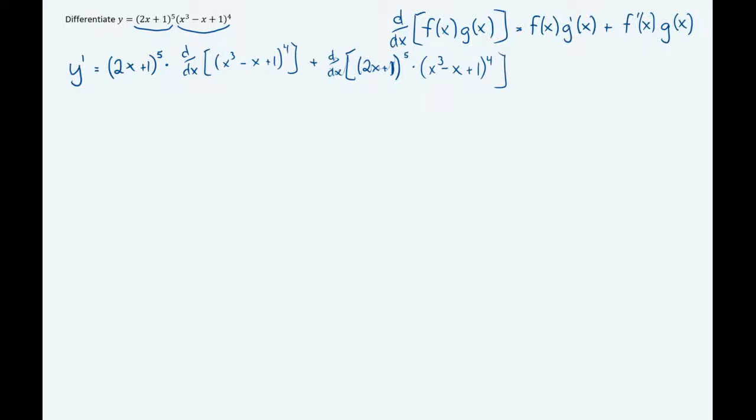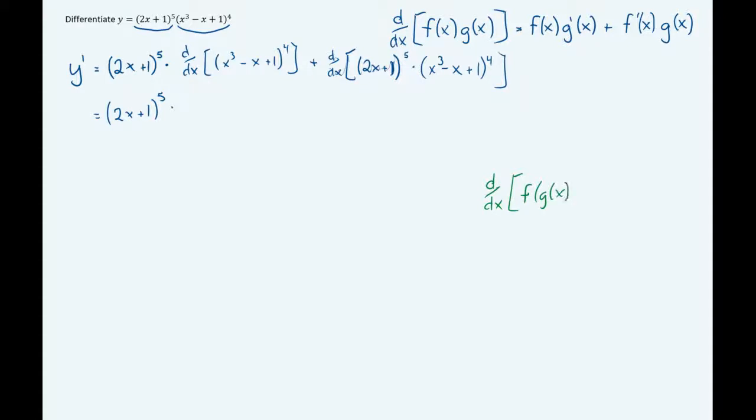Okay, now we have to go through simplifying this. (2x plus 1) to the 5th times, okay, so what is the derivative of (x cubed minus x plus 1) to the 4th? As we already said, it's a function inside a function. So the chain rule says, and I can write that over here, d dx of f of g of x.